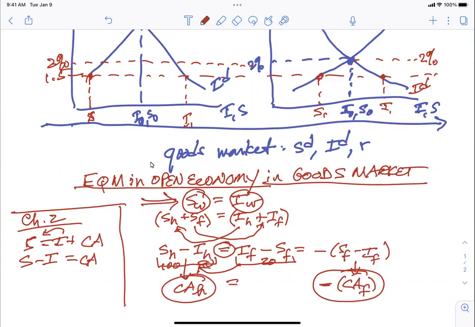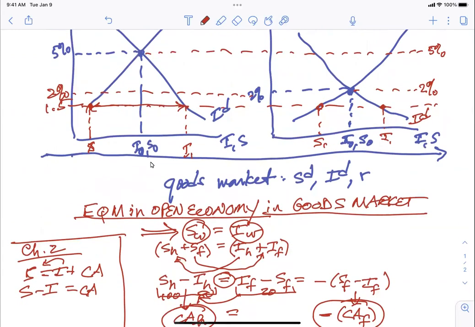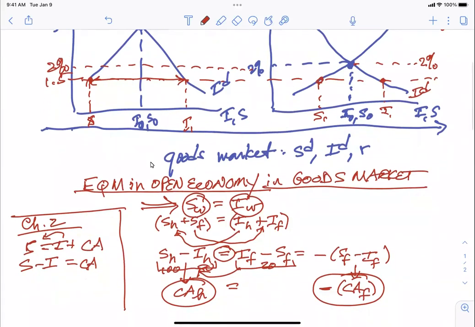So what does this distance, at any given interest rate, represent? It represents the difference between investment and saving, right? It's the current account or negative the current account. So remember the current account in one country, that distance has to be what.